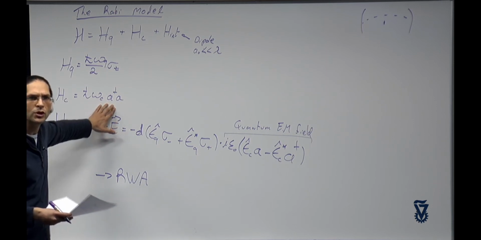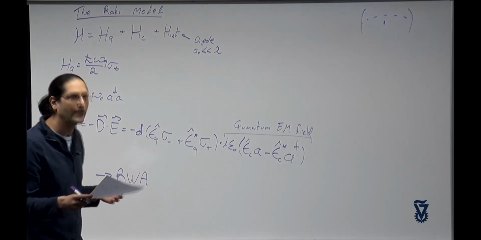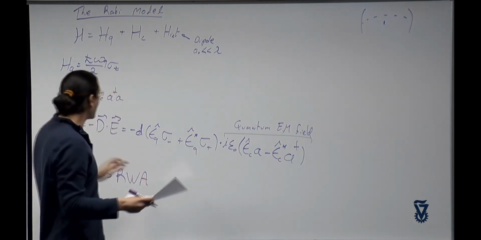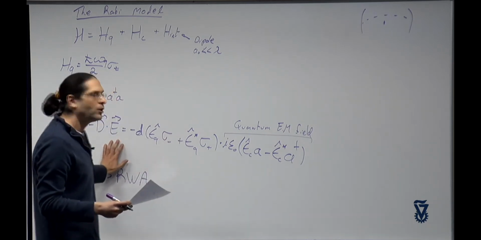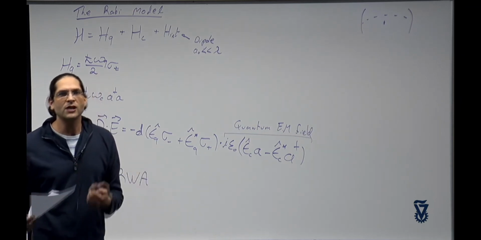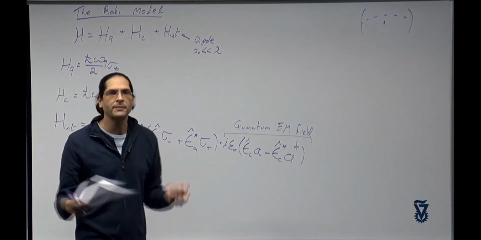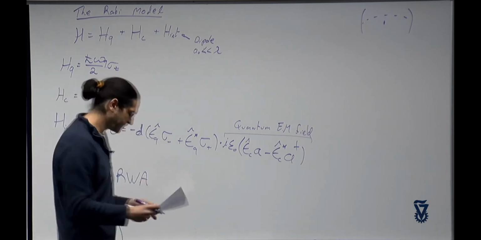So we're going to choose U to go into this doubly rotating frame, or you can call it interaction picture. And then we're going to do this transformation, and we're going to see what the Rabi model looks like in that picture, and then it will be easier to discuss what is the rotating wave approximation in that picture. So this is what we're going to do now.